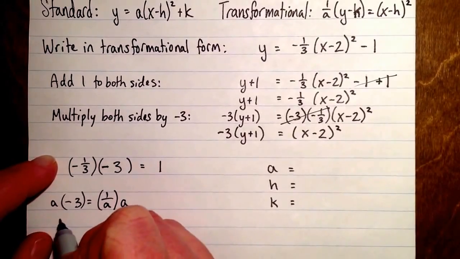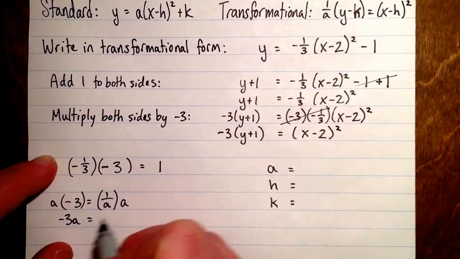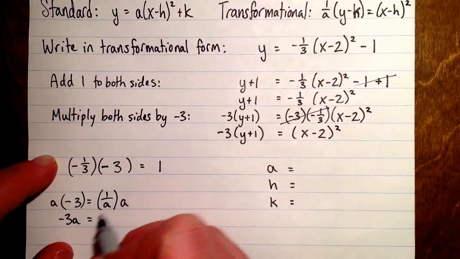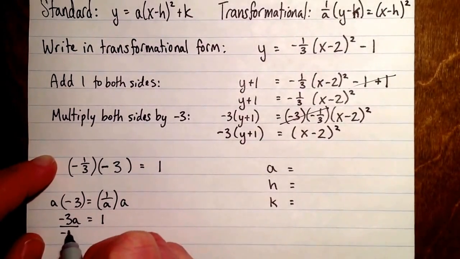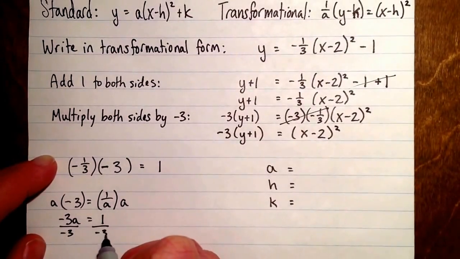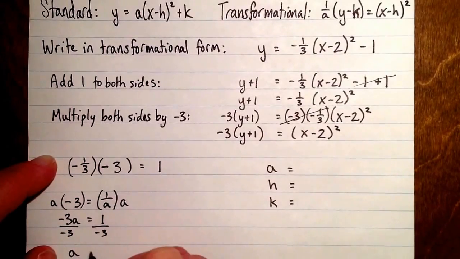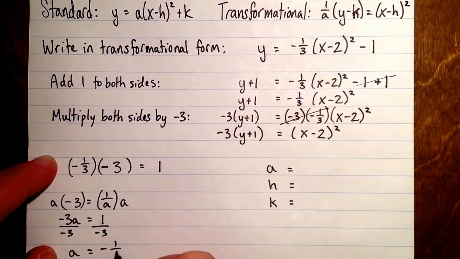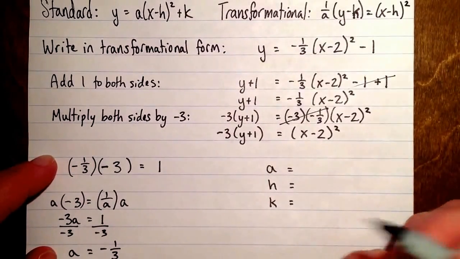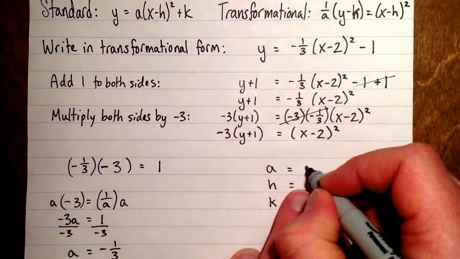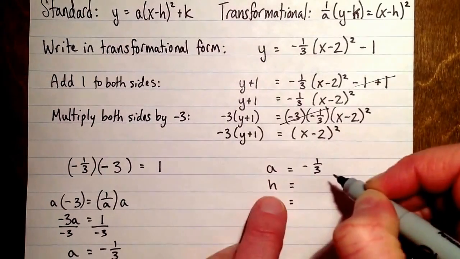That's negative 3a, and 1 divided by a times a is just 1. Now, to isolate a, we divide by negative 3. And there we have a equals negative a third. If that wasn't what you were expecting, then go back and look at how it works. So a is negative 1/3.